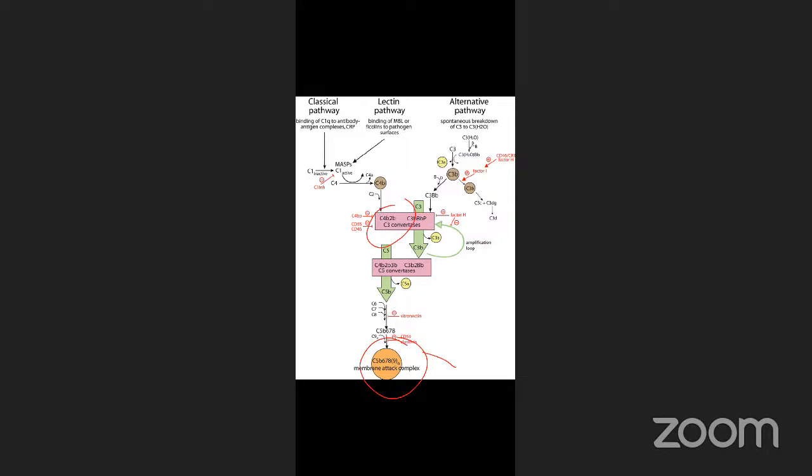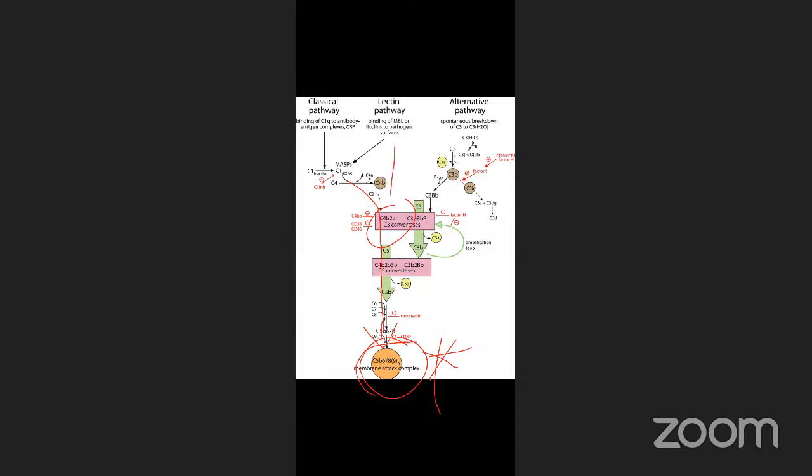This is the main goal of the complement system, making a pore on the surface of a foreign body, maybe bacteria or a protozoan or helminth parasite. This is the major goal, making a pore on the body of the foreign agent by the three pathways.